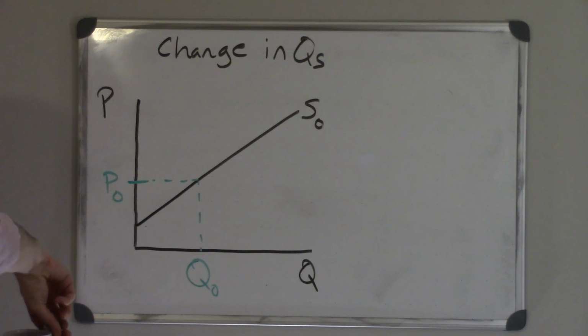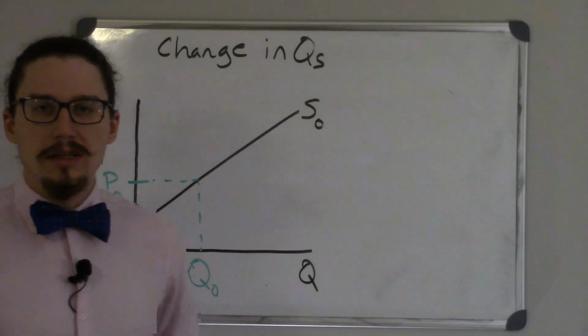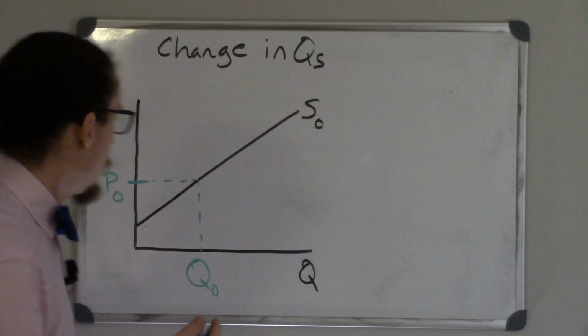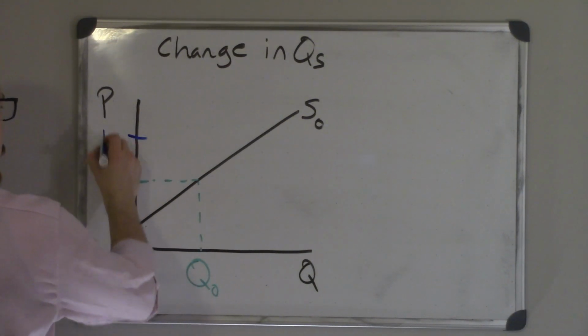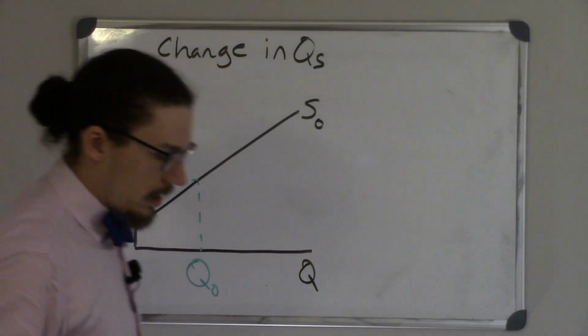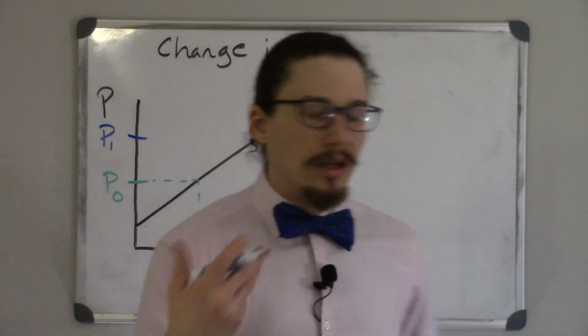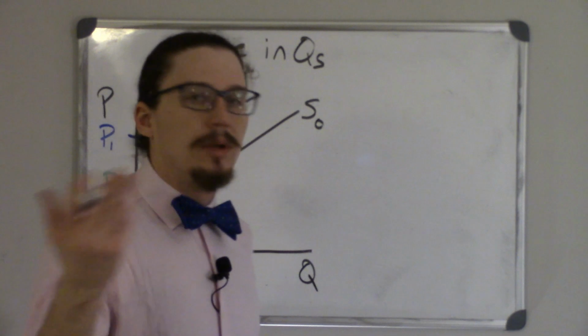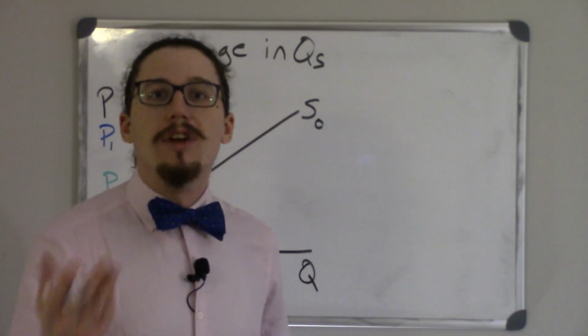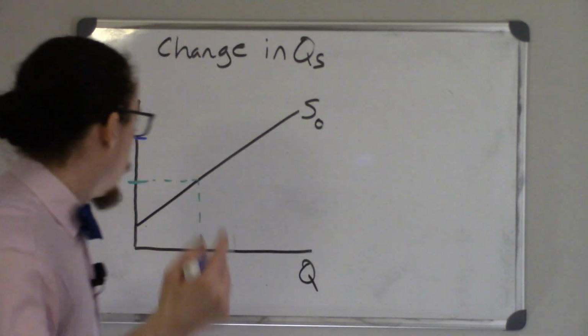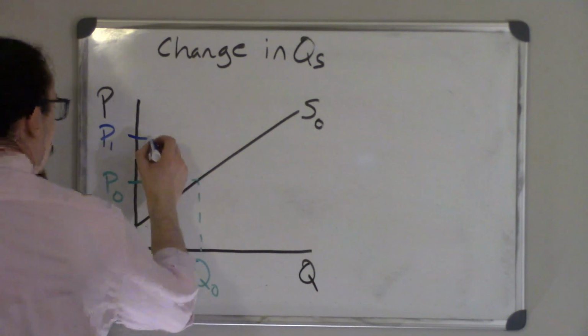So if the price increases, right? So this idea of the law of supply, right? As price increases, quantity supplied increases. But let's just say price increases for some reason, right? There are a couple of different reasons why price could increase, but let's just say that the only thing of note is that the price increases. Nothing else has really changed, right?